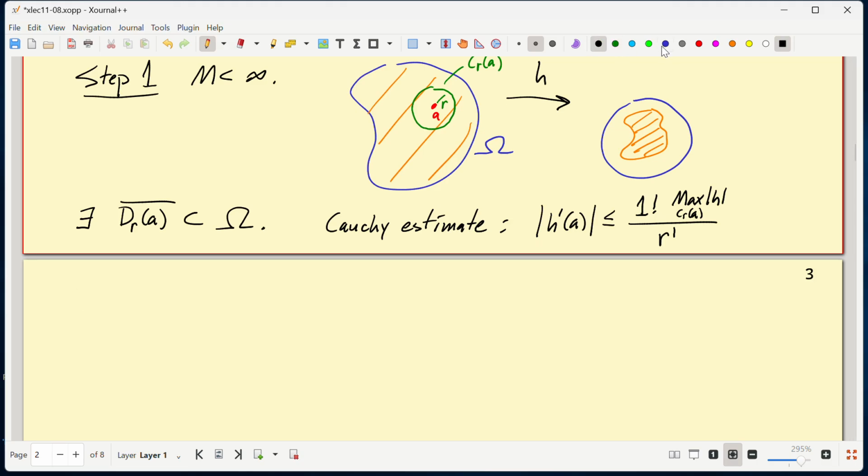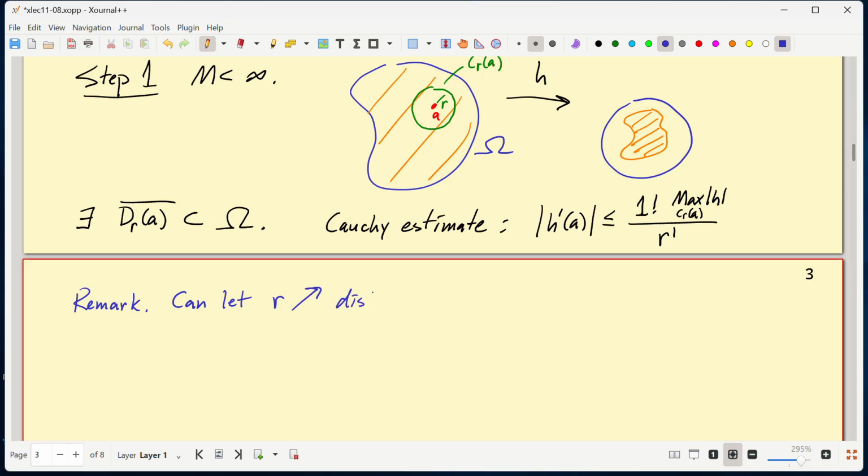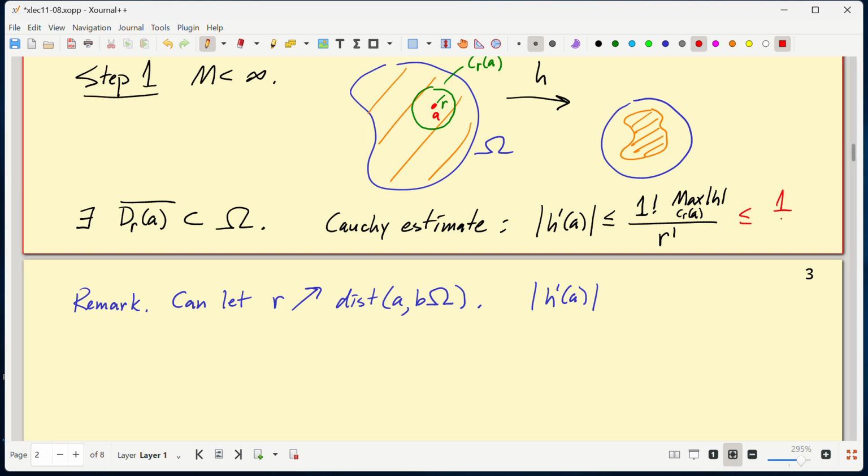So here's a little remark. I can let r increase out to the distance from A to the boundary of omega. And so what you get when you think of it in those terms is that h prime of A, by the way, this max is less than or equal to 1 because it's mapping into the unit disk.